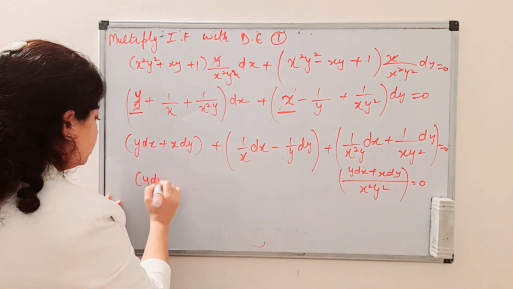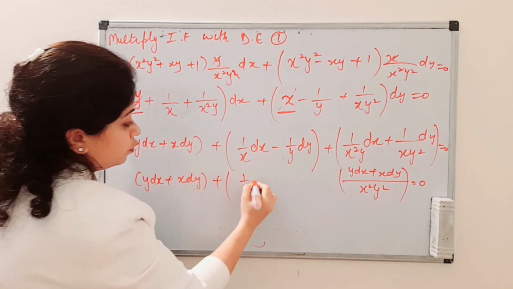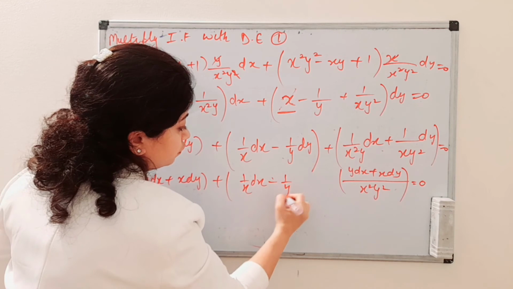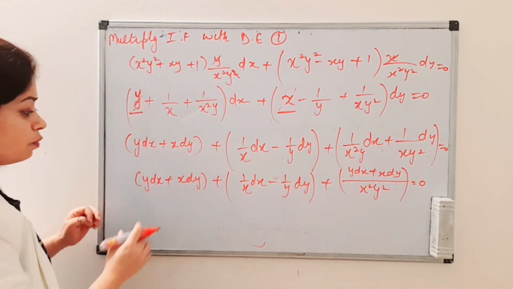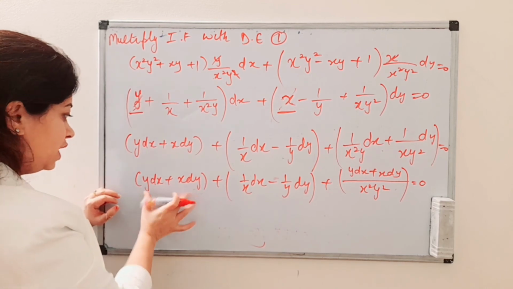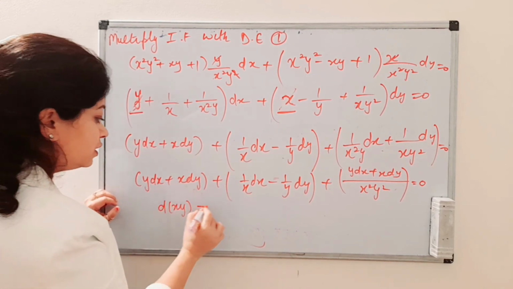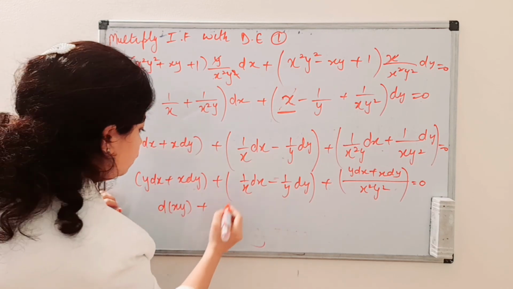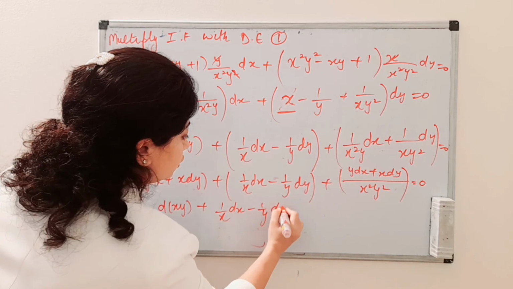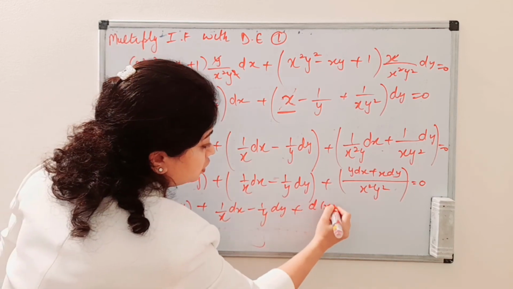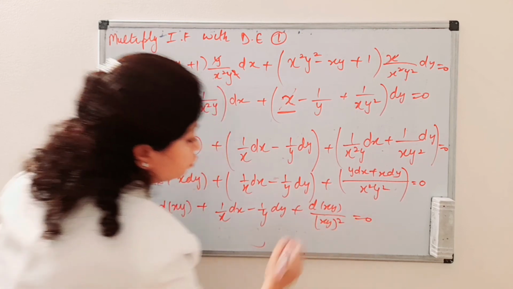We can write it again: y dx plus x dy plus 1 upon x dx minus 1 upon y dy plus this. Now we can see this is the exact differential d of xy. We can solve it directly. So we will write it like this only, and this is d of xy upon xy square equal to 0.